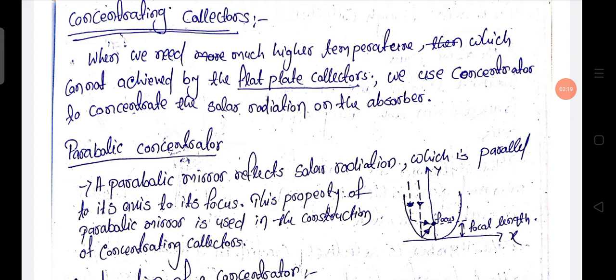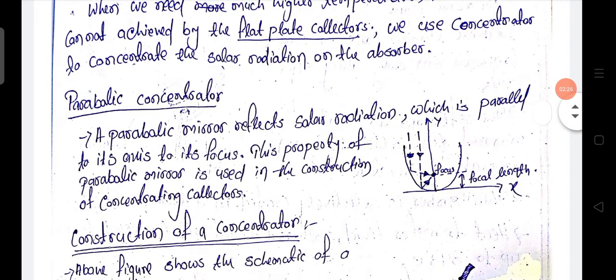Okay. Then let's consider one type of concentrator. What is a parabolic concentrator? Why use a parabolic concentrator? Why not use anything else? Because a parabolic mirror reflects solar radiation which is parallel to its axis to its focus.